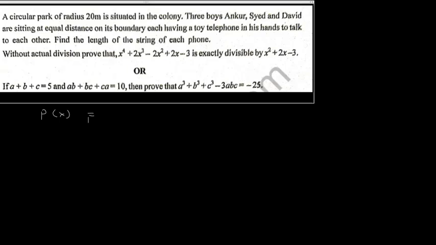Okay. So without actual division, I have to prove. So here I will say let P(x) is equal to x power 4 plus 2x cube minus 2x square plus 2x minus 3.